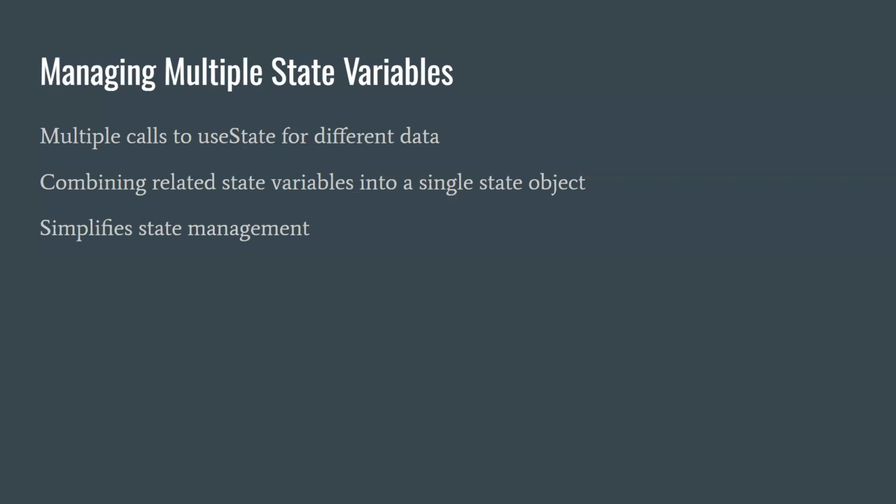So we have this flexibility, which is powerful, but it is really important to consider how these pieces of state relate to each other. If you happen to find yourself updating multiple state variables in tandem, it might be more efficient to combine them into a single state object. This approach can simplify state management and make your components easier to maintain.